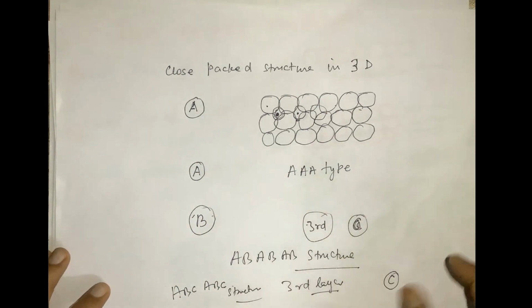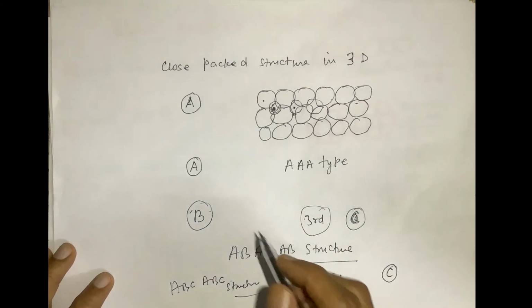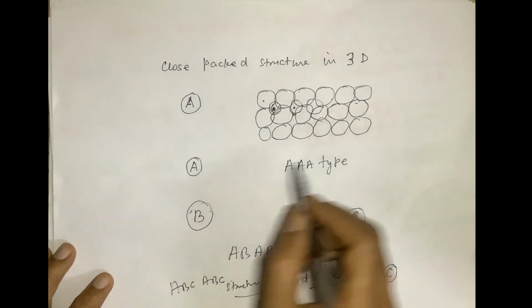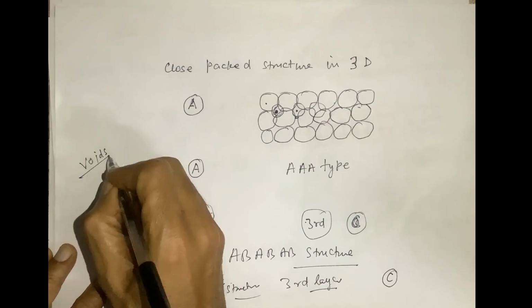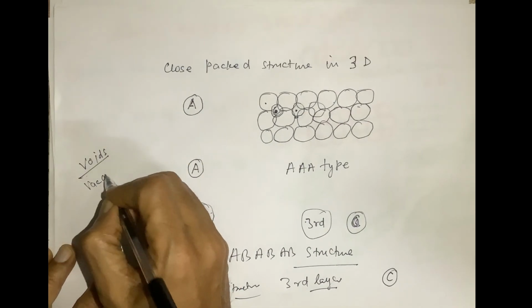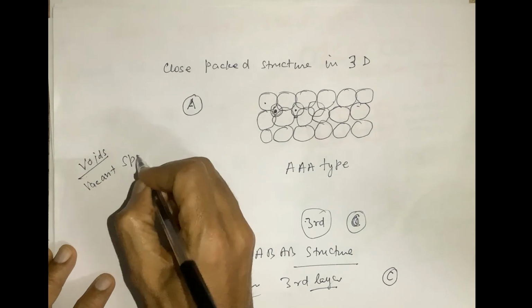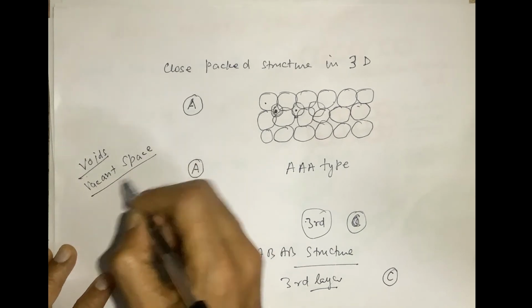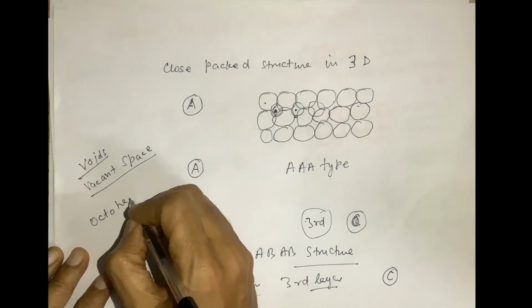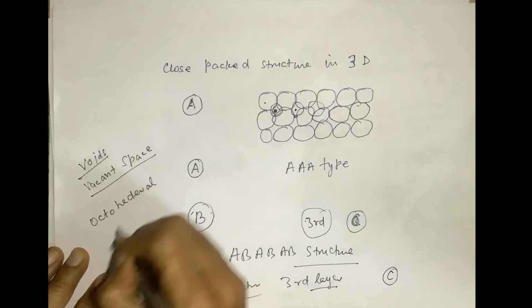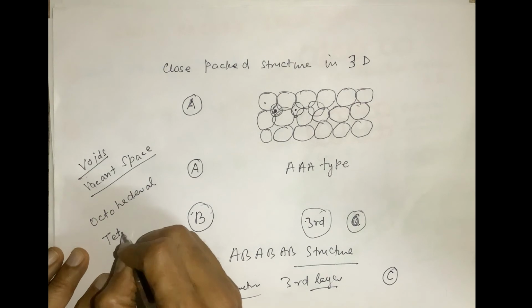There are two types of voids, vacant space. Two types of vacant space. One is octahedral and the other is tetrahedral.